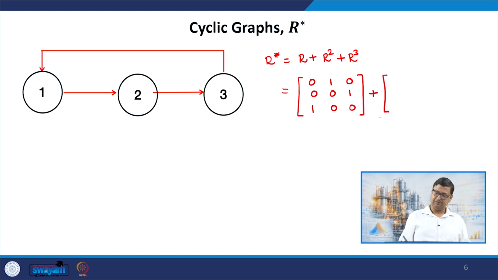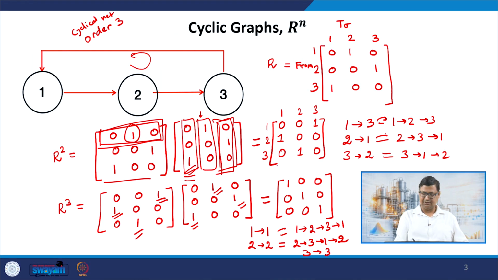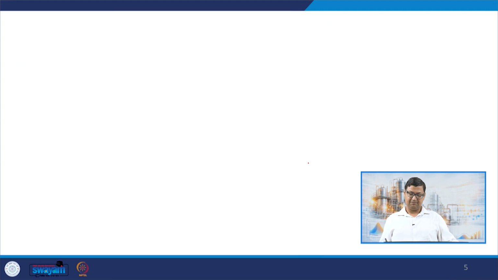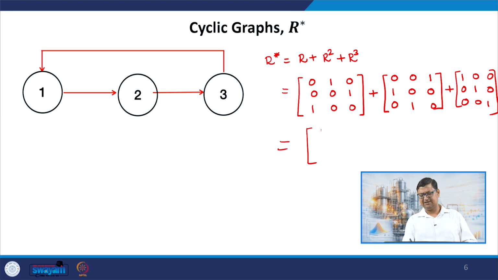And that is going to be, so my R is this. My R square is something like this. We can see we have computed R square earlier, and then my R cubed contains diagonal terms, and now you see, if I add all of this, what we essentially get is a matrix containing all the ones.